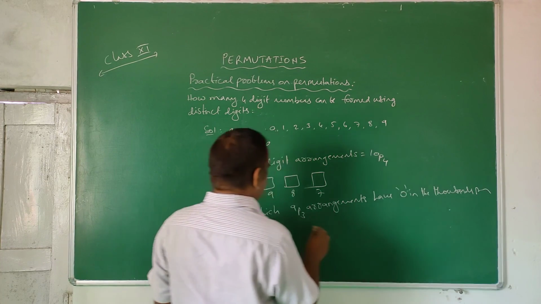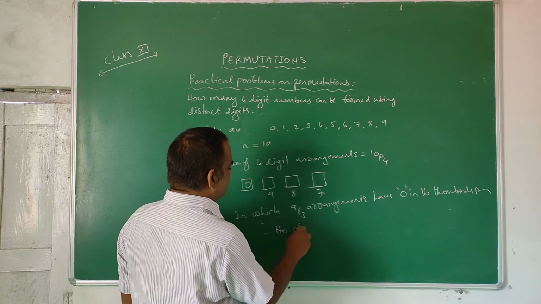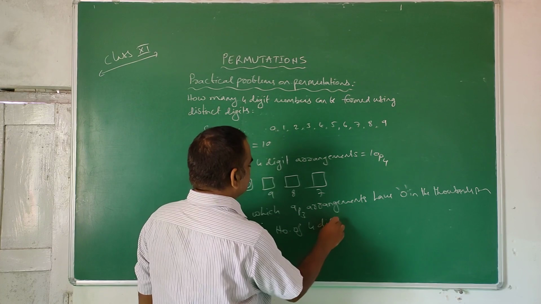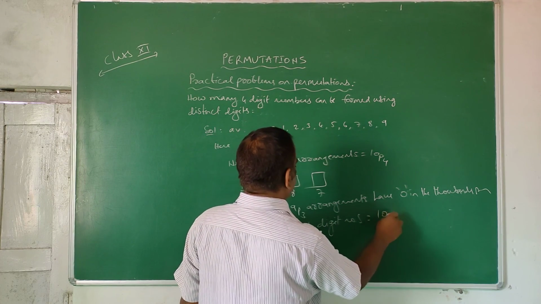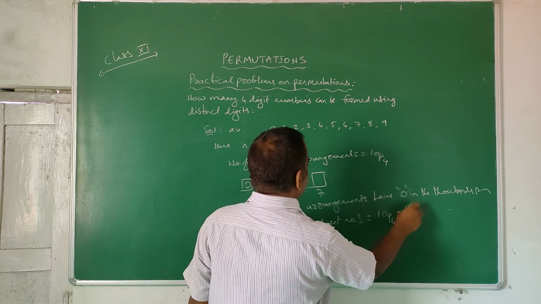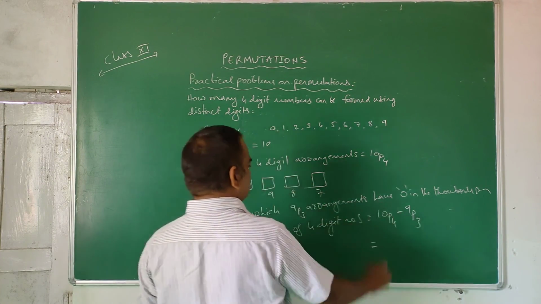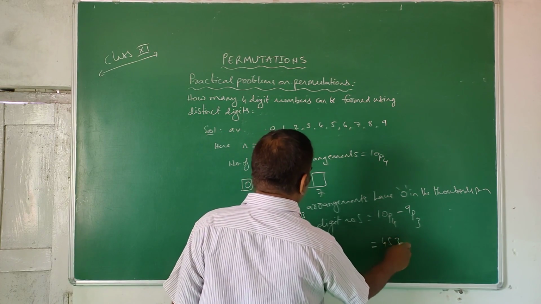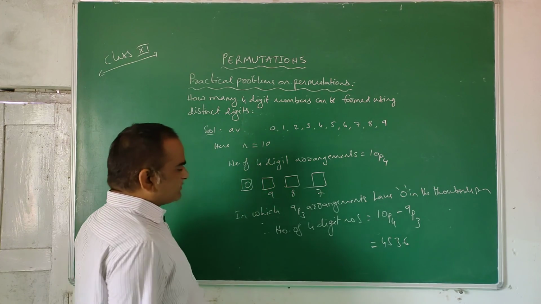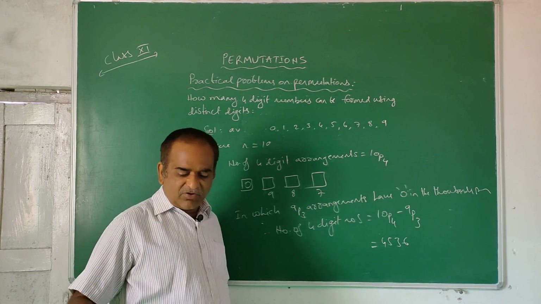Therefore the number of 4-digit numbers is equal to 10P4 minus 9P3. We have to subtract all these arrangements now. If you simplify, you get the same answer, 4536. So this is another method to solve the same question.